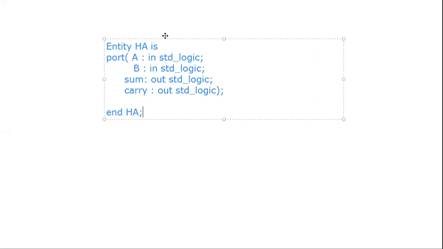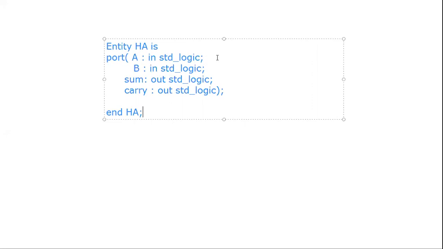Entity declaration. So now we will go back to the actual program code. So this is the entity where A and B are the standard logic of input, sum and carry are the standard logic of the output. So the standard logic consists of 0 and 1, and also the other logical values. What are the other logical values? Do you remember that?